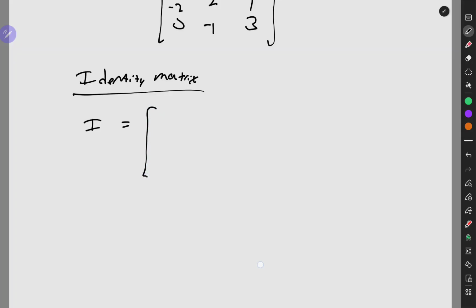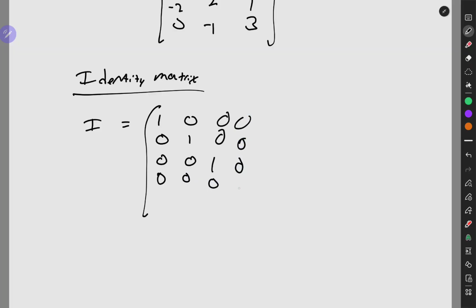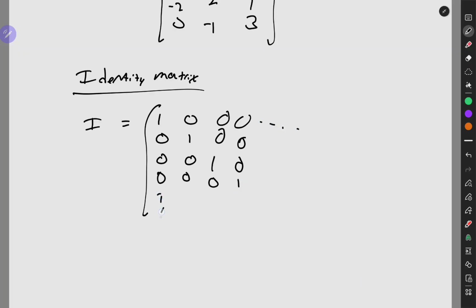And it follows the form 1, 0, 0, 0, 1, 0, 0, 0, 1. And if you keep going, you can keep going this way or down this way. You get the idea. But this is the identity matrix for an n by n system.